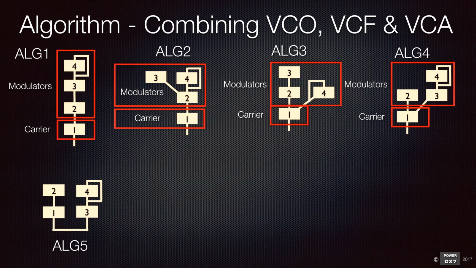Algorithm 5 has 2 independent towers. Each tower acts as an independent VCO, VCF, and VCA. For tower 1, operator 1 is a carrier acting like VCA, and operator 2 is a modulator acting like VCF.